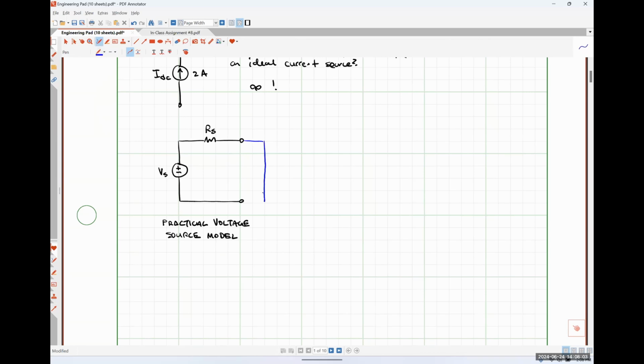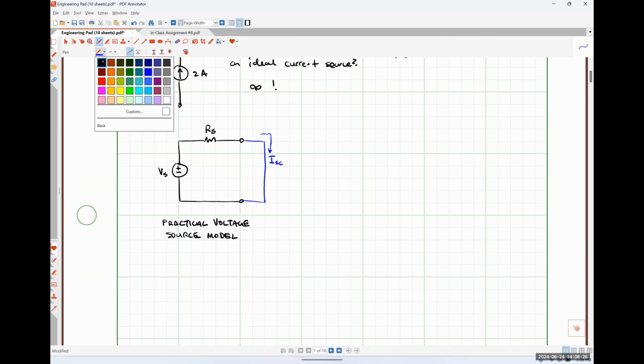If we were to short out these terminals, the current flowing through this short, we would typically label it as ISC, or short circuit current, and this represents the absolute maximum amount of current that a real voltage source could supply.